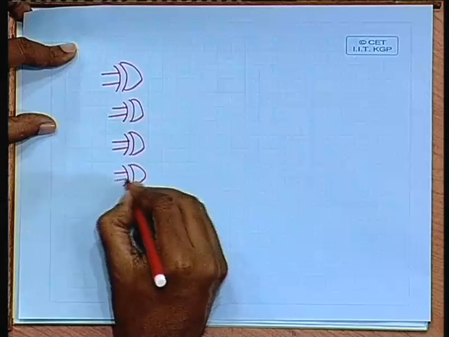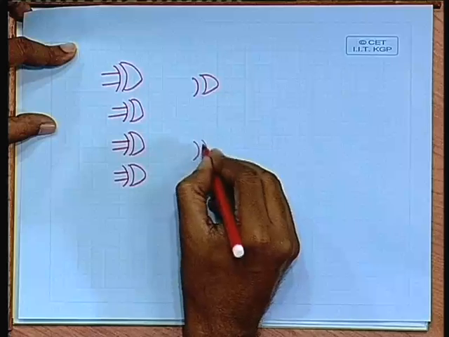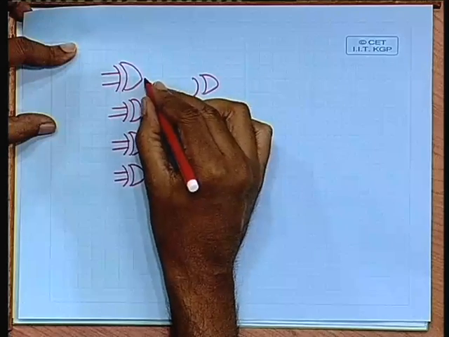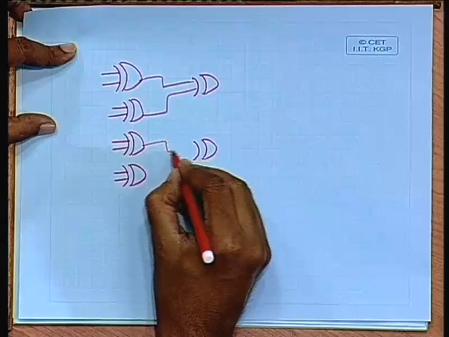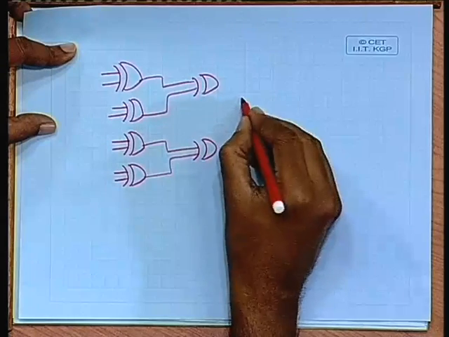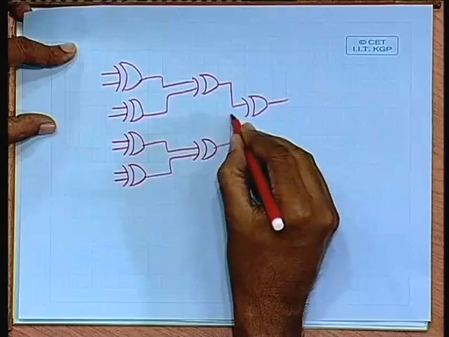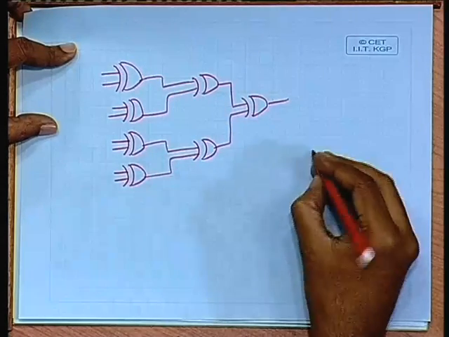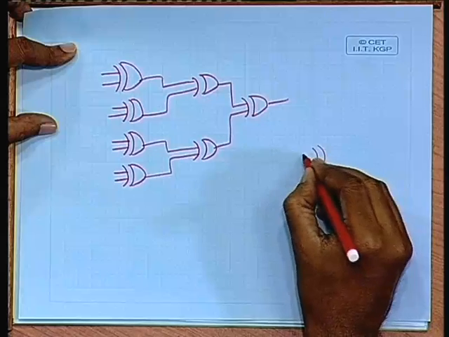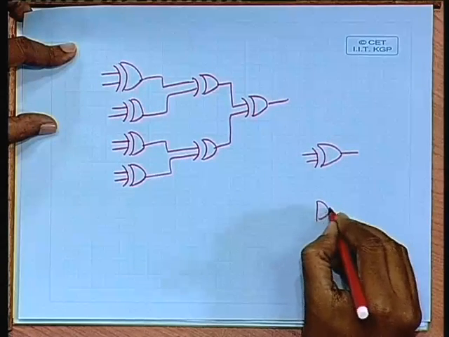Suppose we use a cascade of XOR gates like this. Please note, all are 2 input XOR gates. So we need 7 2-input XOR gates, and each 2 input XOR gate can be implemented like this.